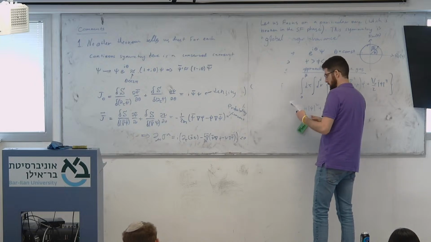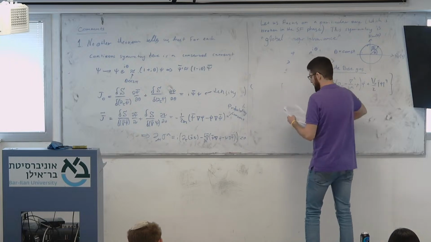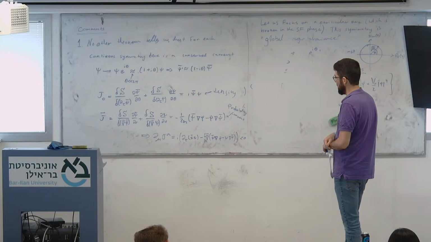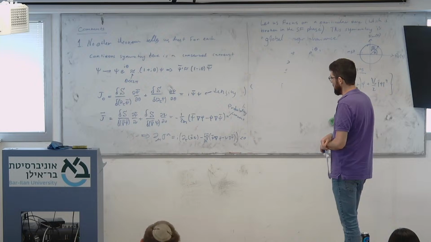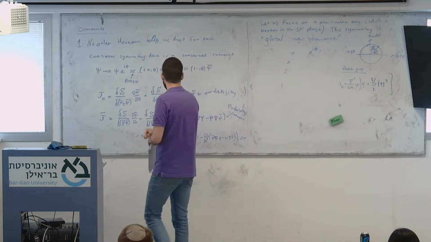The second comment: where you calculated the j zero and j vector, doesn't it mean to be psi prime a bunch of times there? Psi bar a bunch of times there.